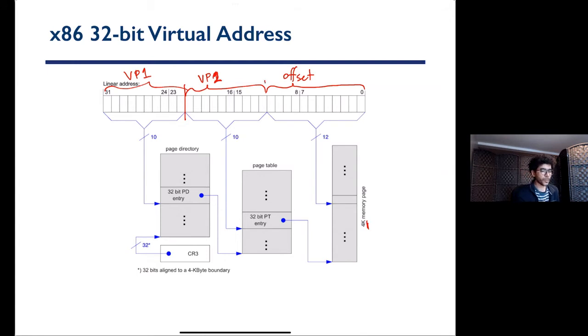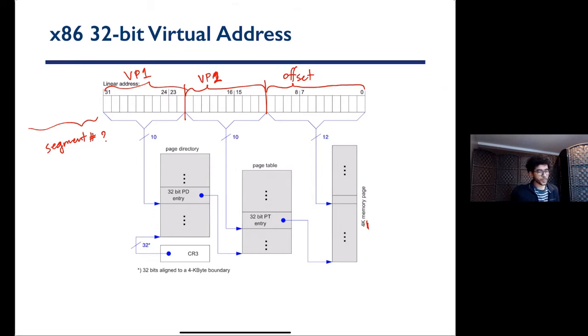Now, you might ask, where is the segment number? If you remember, I showed you a segment number and then virtual page number and then offset. Now you don't see a segment number here. So where is this guy? In x86, the architects have cheated.